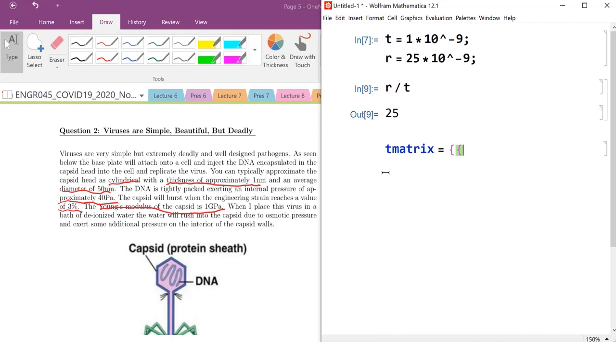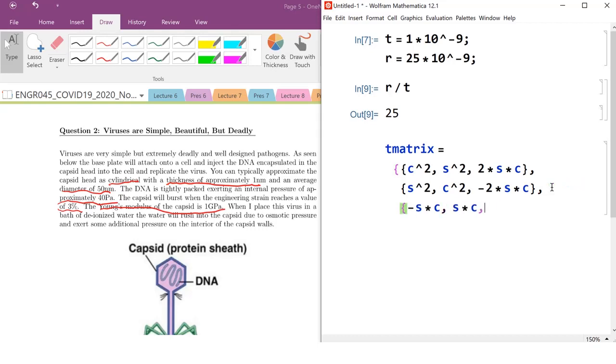I'm going to have that as C squared, S squared, 2 times SC; S squared, C squared, minus 2 times S times C; and you should remember this from the problem set, S times C, S times C... or just have it defined already in your notebook, and then C squared minus S squared.